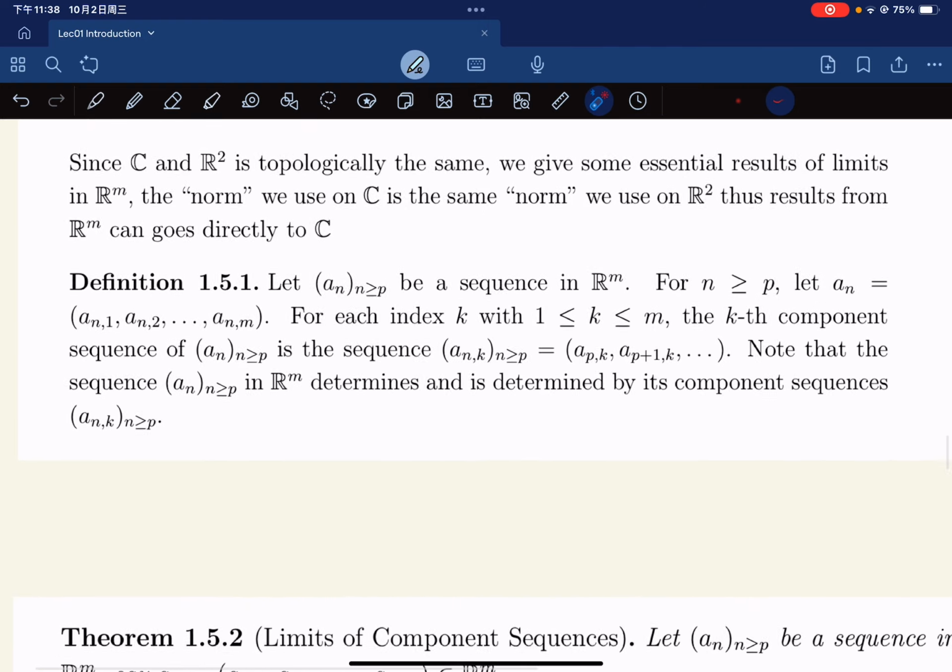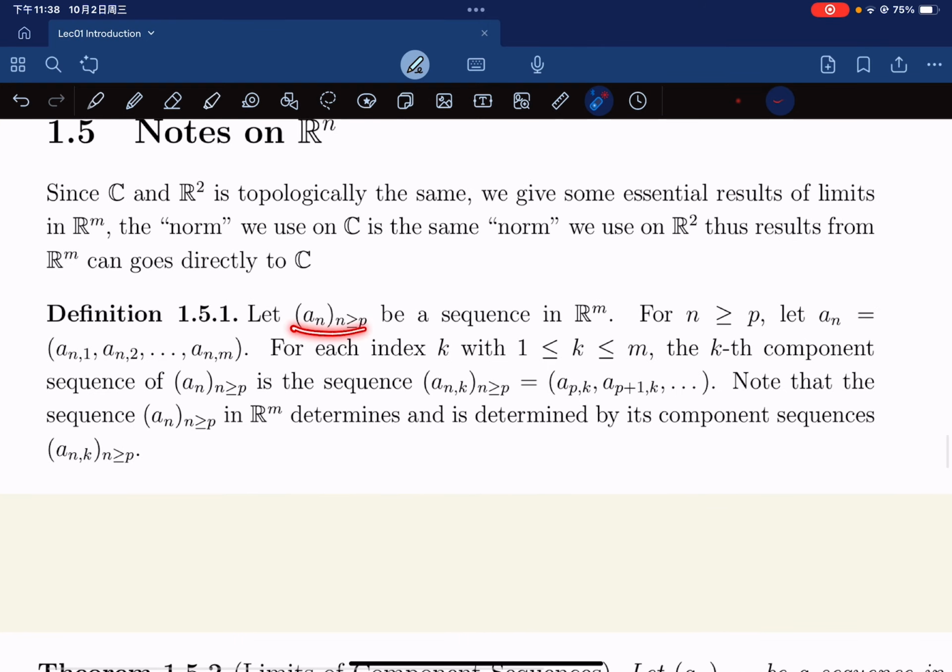So the definition: we let a_n be a sequence in R^m. So each a_n has m components, right? And for each index, the kth component has a sequence, because each component has a sequence.